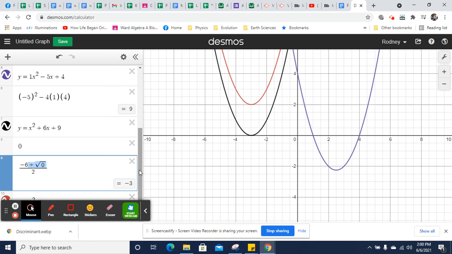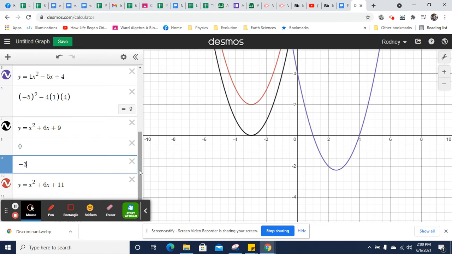But the square root of 0 is nothing, so there's not a plus or minus. So you're just going to get negative 6 over 2 is our solution. You could think of it as one solution used twice, or two solutions that are the same number.